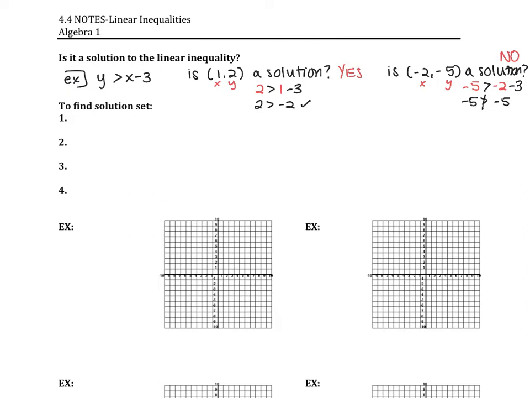So to be able to graph this, to be able to find our solution set, we're going to graph. It's the only way we can really solve linear inequalities, or the best way. So the first thing that we want to do is get it into a graphable form.